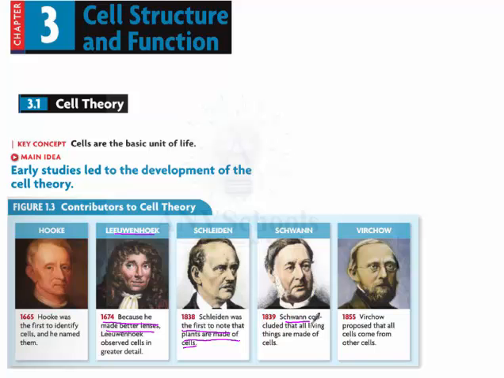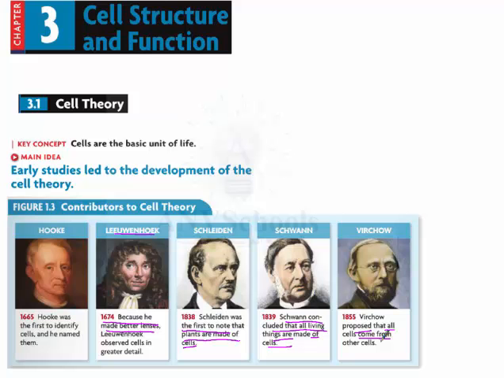And lastly, in 1839, Schwann concluded that all living things are made of cells, after, of course, showing that even animals are made of cells. And Virchow proposed that all cells come from existing cells, and these are the contributors of the cell theory.